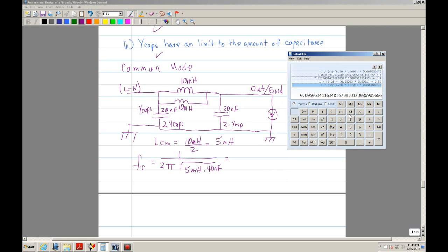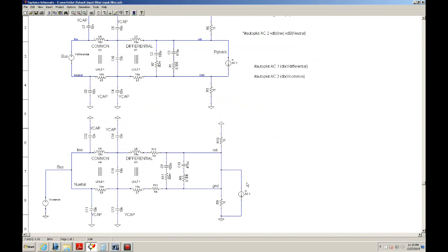So when you calculate that, 1 divided by (6.28 times (5 milli times 40 nano) raised to the 0.5), we should get close to 11.2 kilohertz. Yeah, 11.2 kilohertz. So then we'll go ahead and do the simulation.